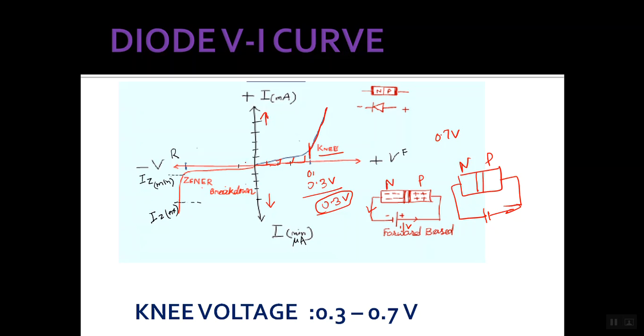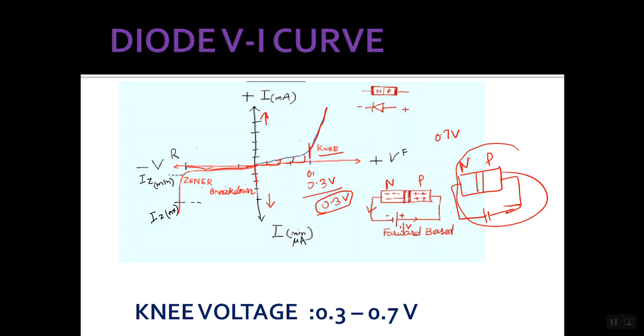See, when we are increasing the voltages, this is reverse voltage. Now see, this is reverse voltage and this is reverse current in reverse bias condition of this diode. So what happens when we are increasing the reverse voltage? There is no increment in the current, very less, or you can say it is negligible.